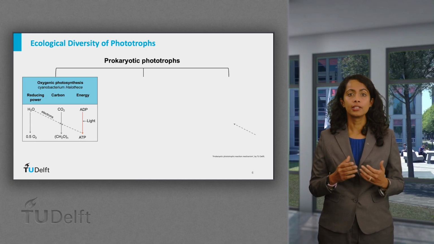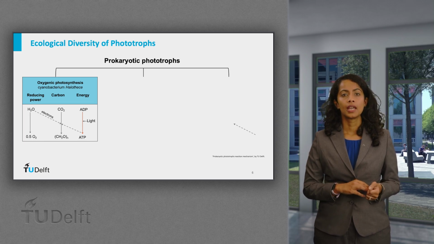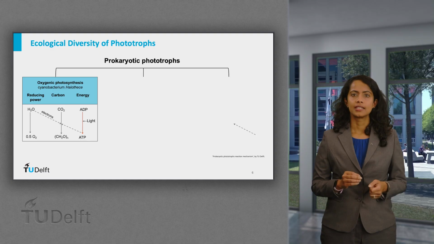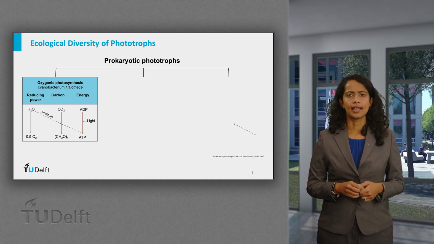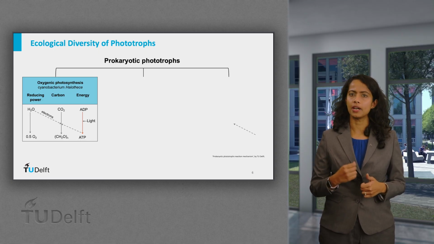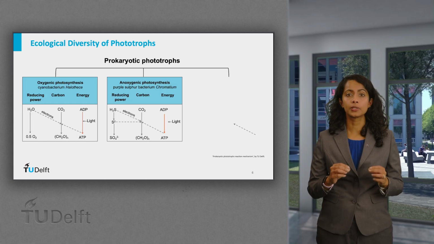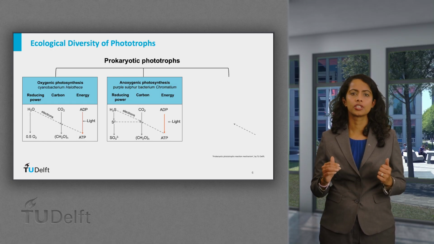This process releases oxygen, hence the term oxygenic. In contrast, anoxygenic phototrophs, such as purple sulfur bacteria, also use light energy to produce ATP and fix CO2 into biomass. But they obtain electrons from reduced sulfur compounds instead of water, so no oxygen is produced.